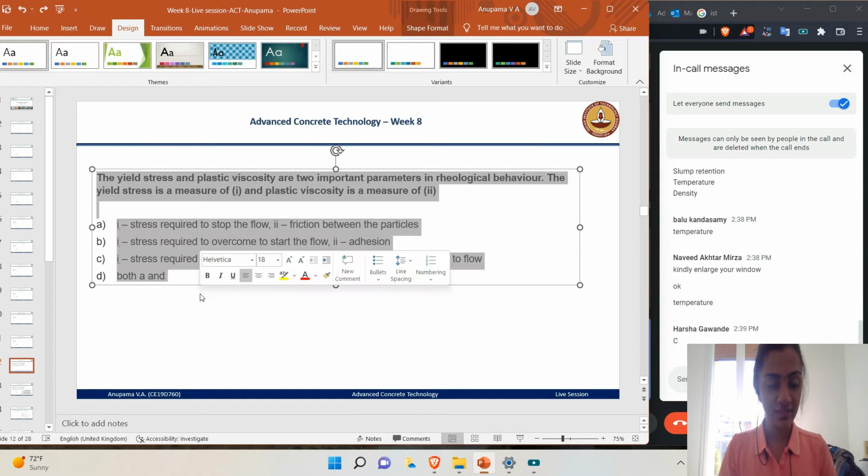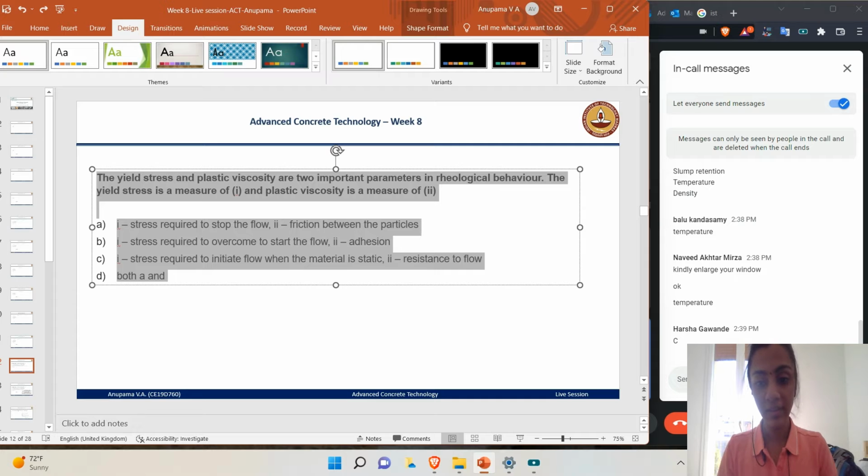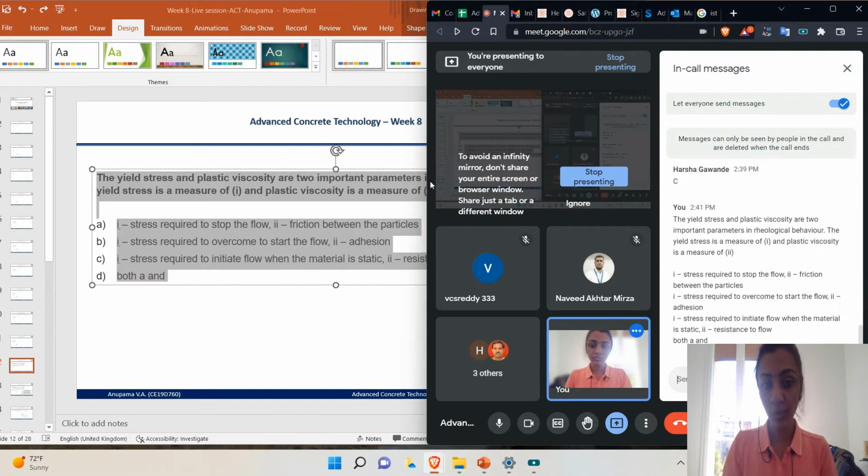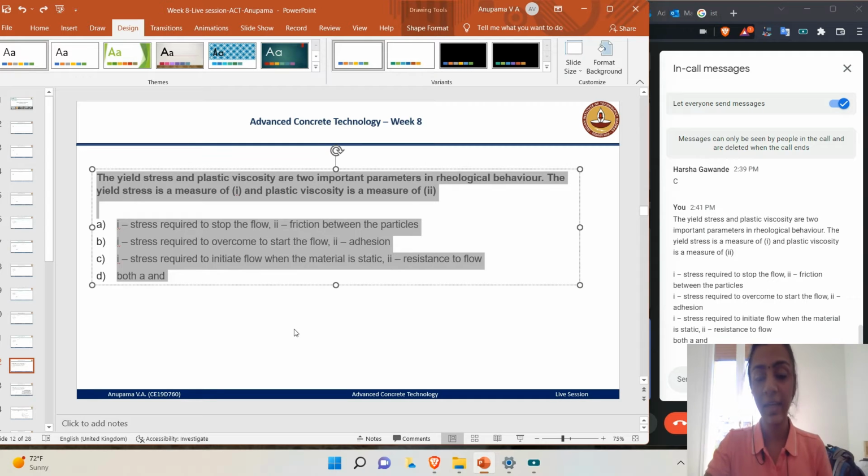Option A states 1 is stress required to stop the flow, and 2 is the friction between the particles. Option B states 1 is stress required to overcome to start the flow, and second one is adhesion.